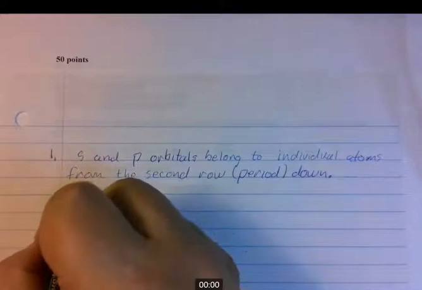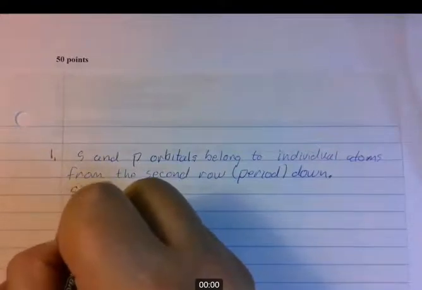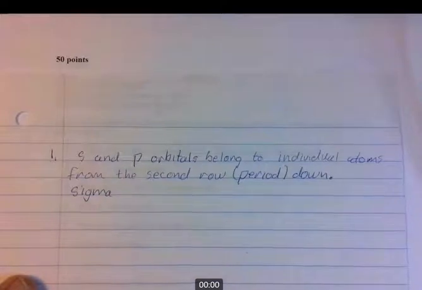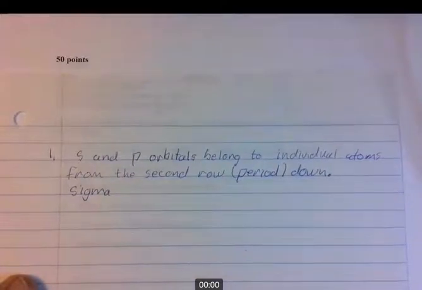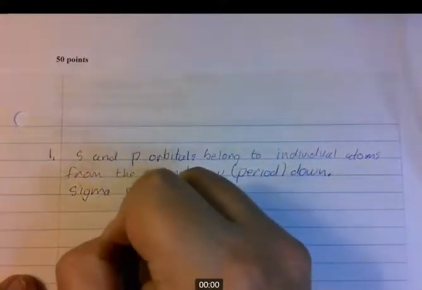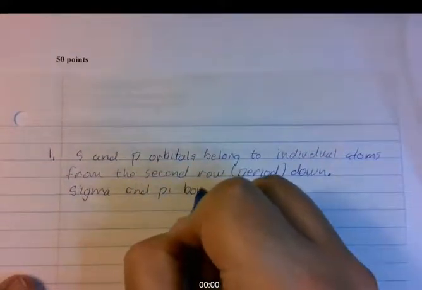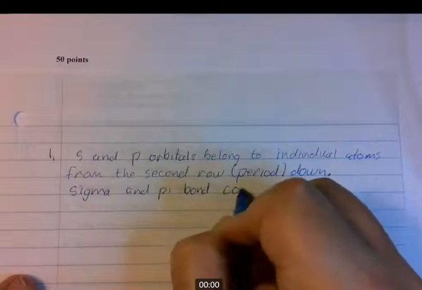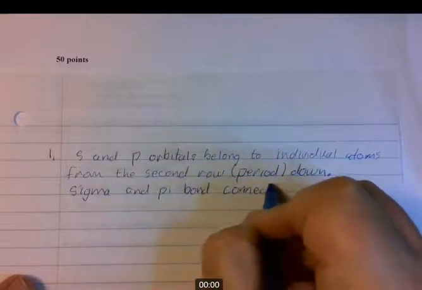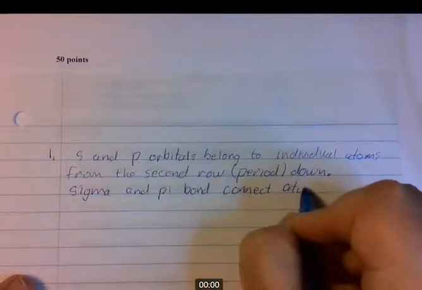Okay. Sigma and pi bonds are different. They are molecular bonds that stretch across from one atom to another, that allow an atom to bond into a molecule, into a covalently bonded molecule. So sigma and pi bonds connect atoms covalently.